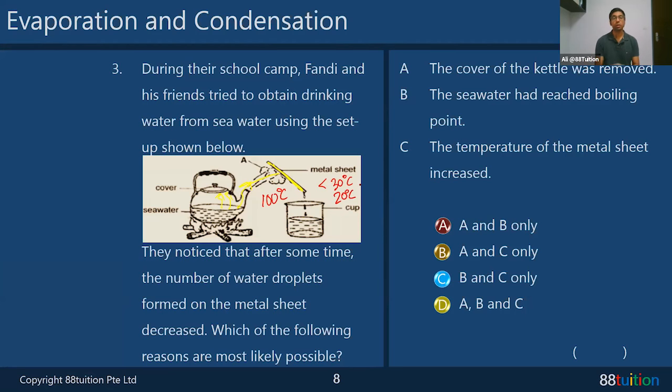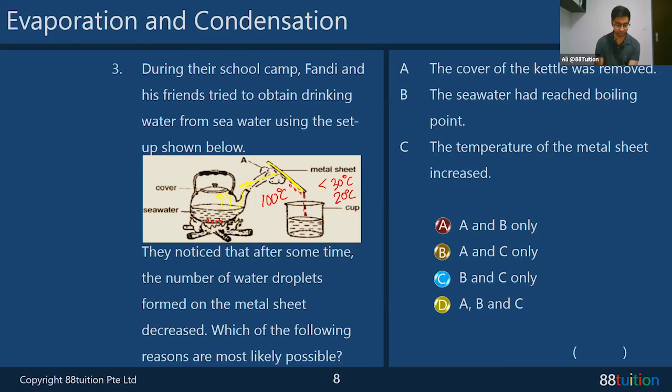Because it's cold, once the steam touches a cold surface, what will happen? Condense. So the liquid will start forming and, of course, you need to collect it. This is a clever way of collecting it, and your water is now free of salt, because when you boil, the salt remains in the kettle. Only water boils at 100, so the salt still remains.